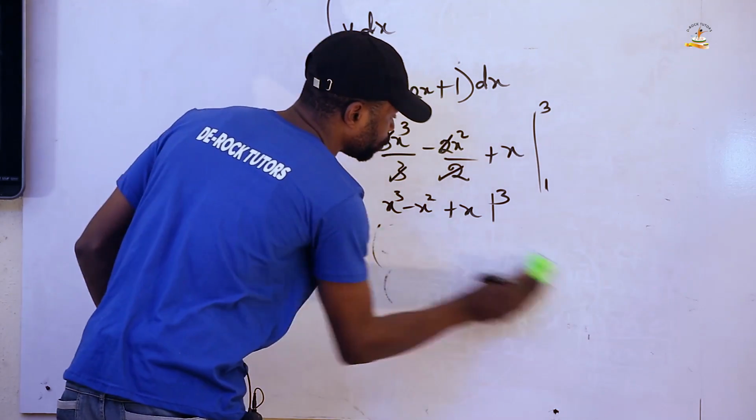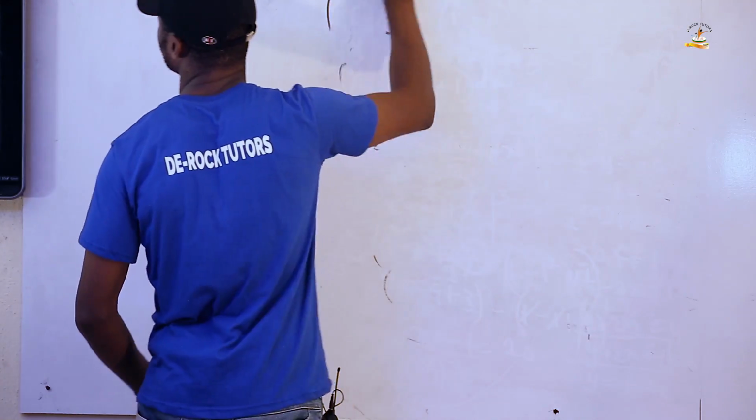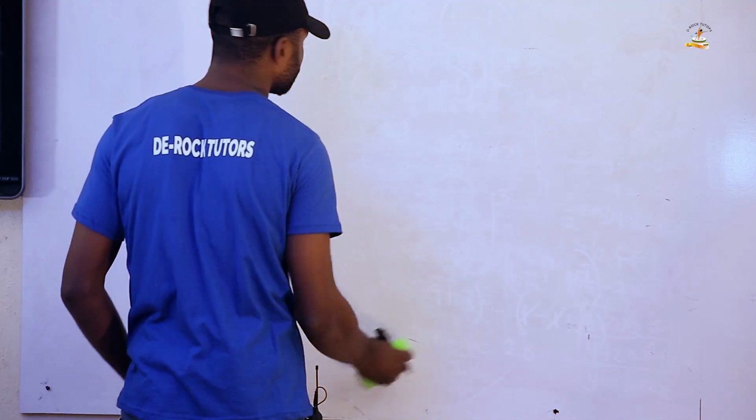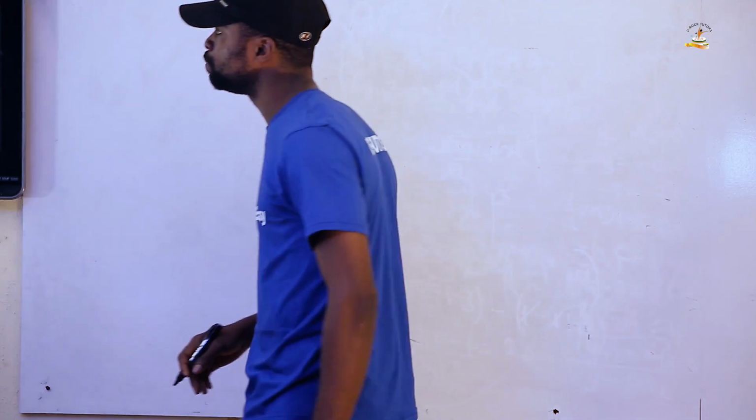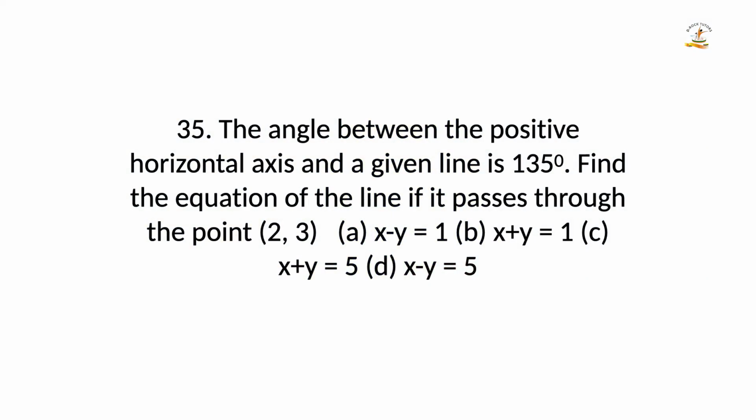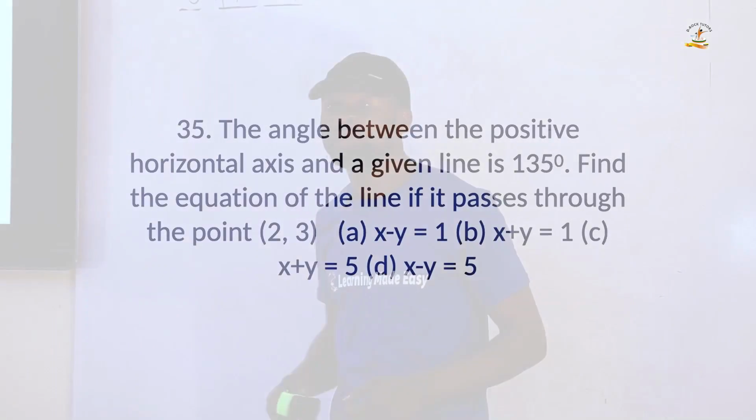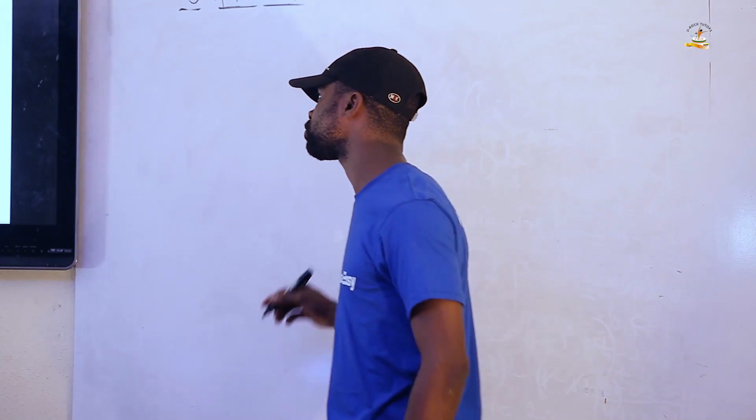We proceed to the next question, and that's question number 35. The angle between the positive horizontal x-axis and a given line is 135 degrees. You are required to find the equation of the line if it passes through the point (2, 3).